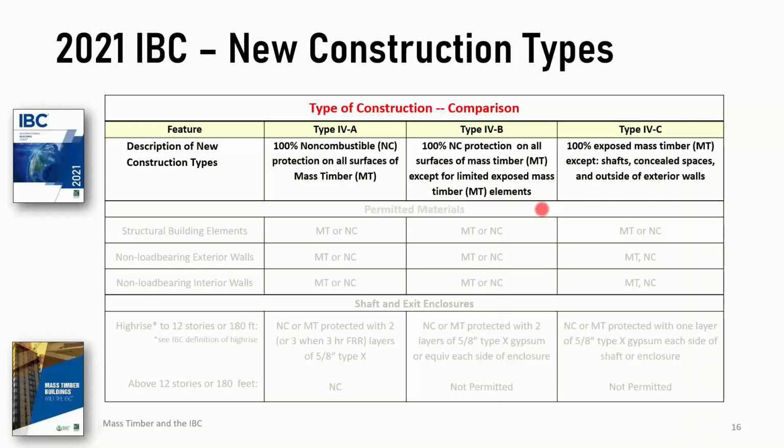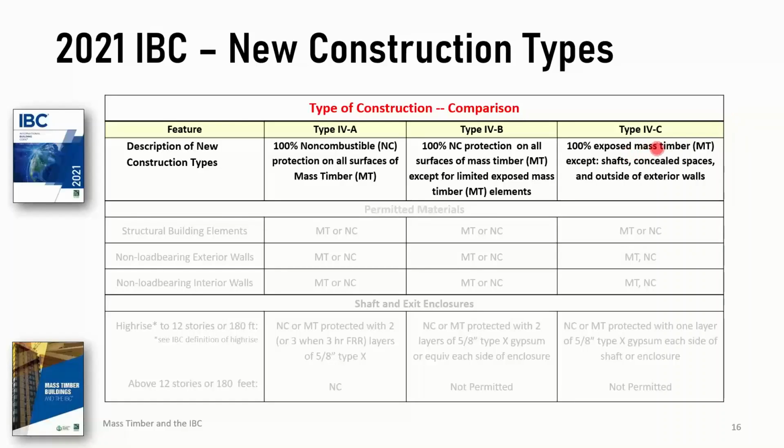It will be around the range of 20% of the floor area for the ceiling, and 40% of the floor area for the walls. We'll see that. So limited areas, not half, not even a quarter in some cases in the case of the ceilings, but some. And then Type 4C, all the interior areas, they do not require non-combustible protection on the mass timber.